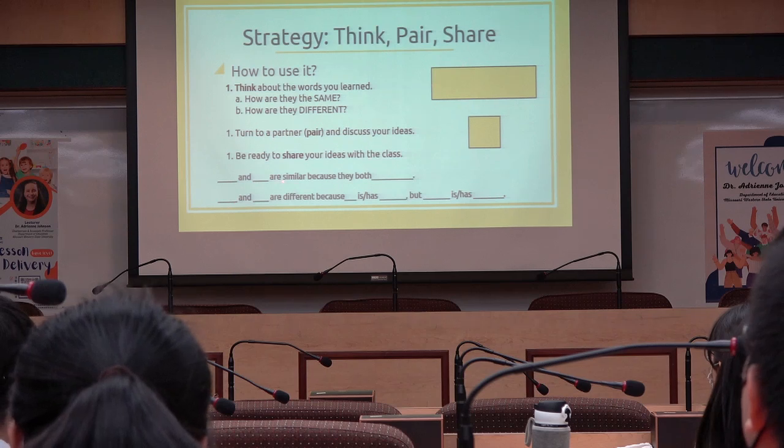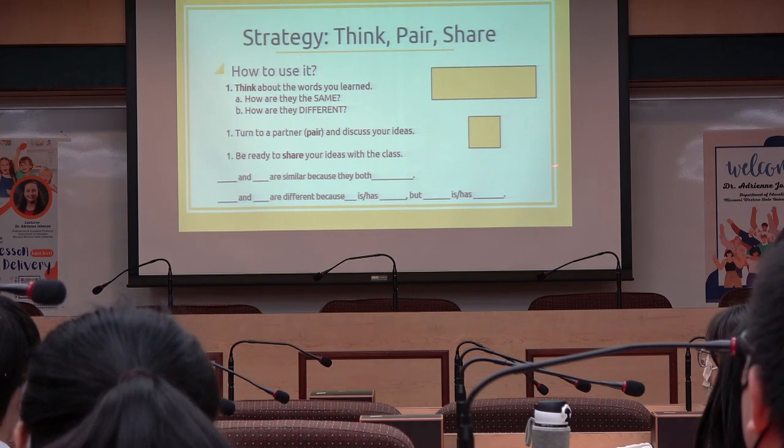The rectangle and square are different because the rectangle has 2 longer sides and 2 shorter sides, good.